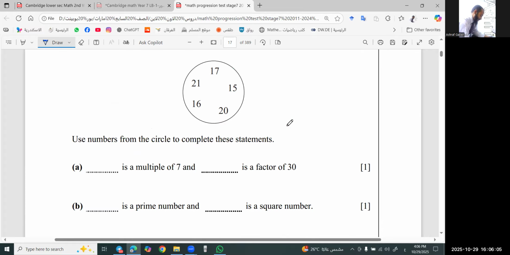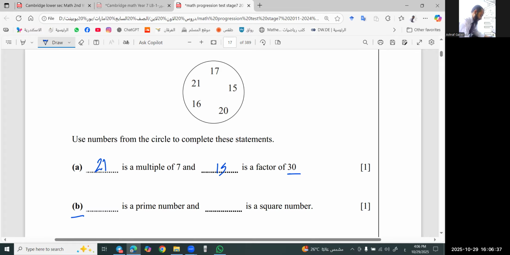Which of these numbers is a multiple of 7? 21. Okay, yes, we write 21. And which is a factor of 30? 15. Yes, 15 is a factor of 30. Good.